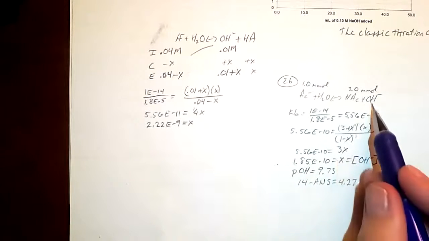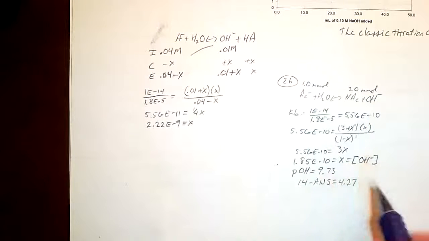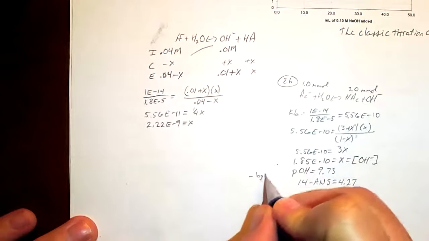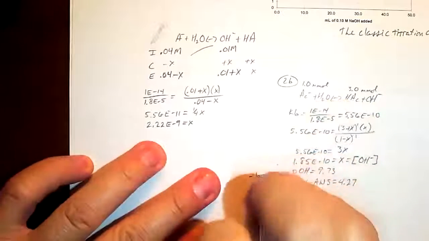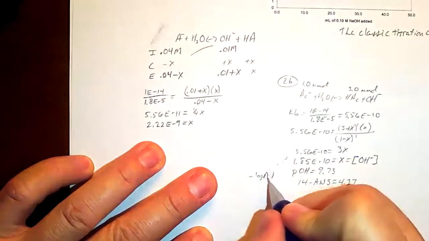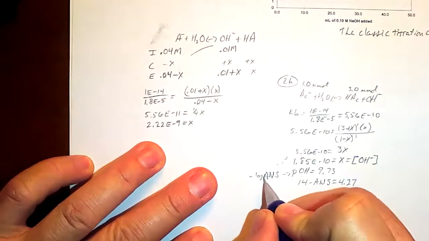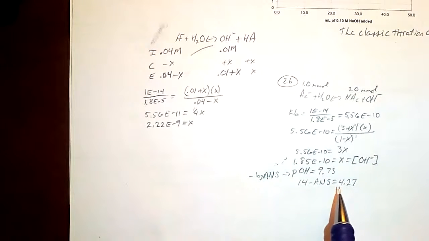X is the OH minus. So I took the negative log of that answer. And I get pOH, and 14 minus that answer is 4.27. So close as to be essentially the same thing. You can solve it this way too.